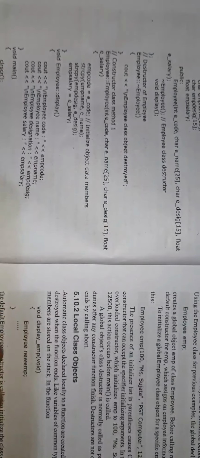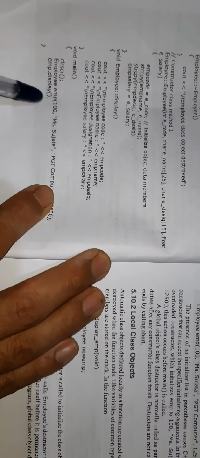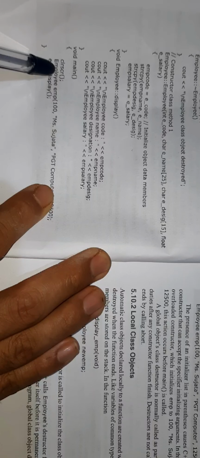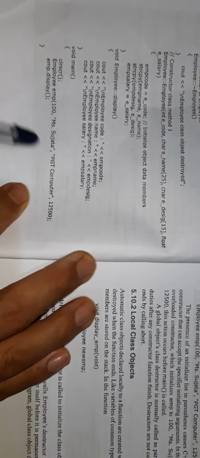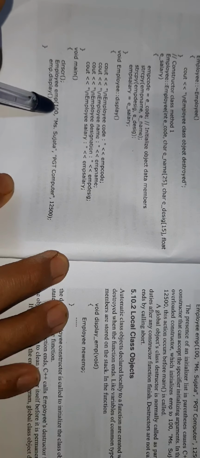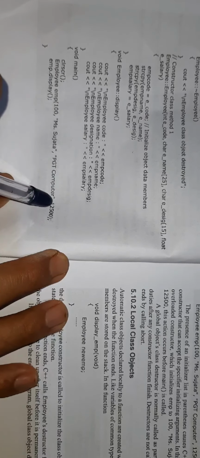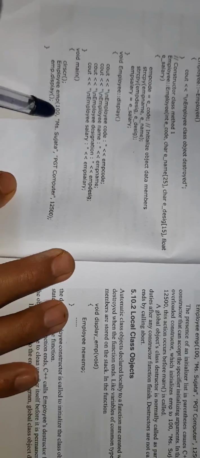So in the main function, the class employee declares an object emp, and then within the parenthesis of the object you see the data values 100, Sujata, PG, computer, 12,500 declared.